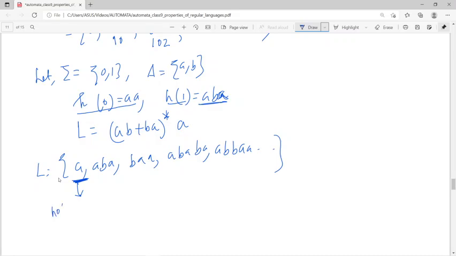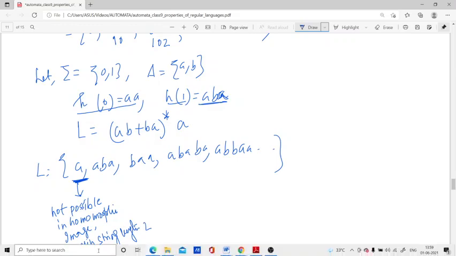So that is not possible in the homomorphic image, because of the minimum string length. And if we do aba, then of course that can be replaced by 1. There is only one possibility, because h1 is equal to aba.